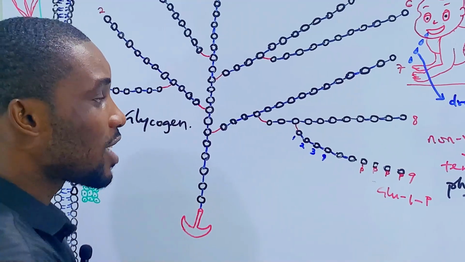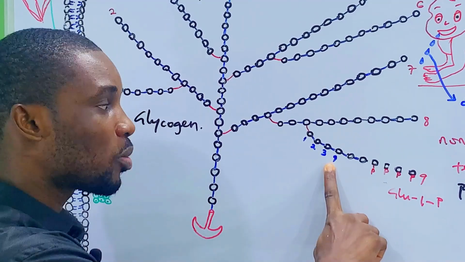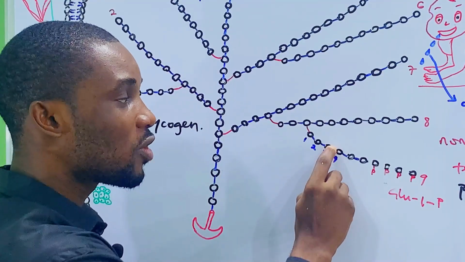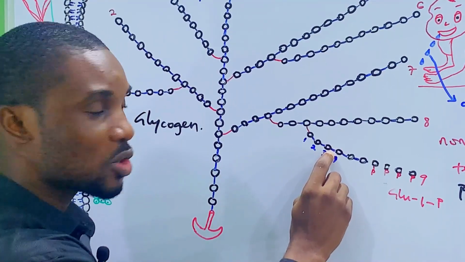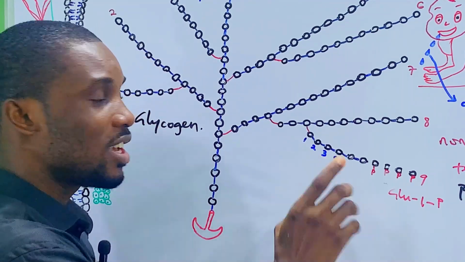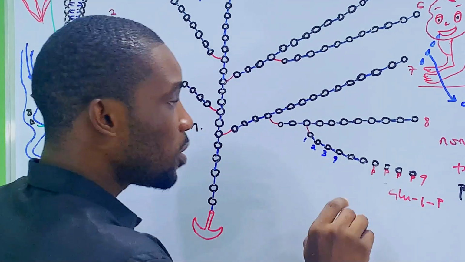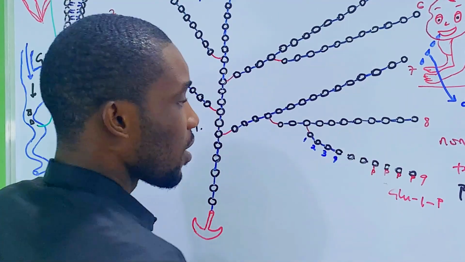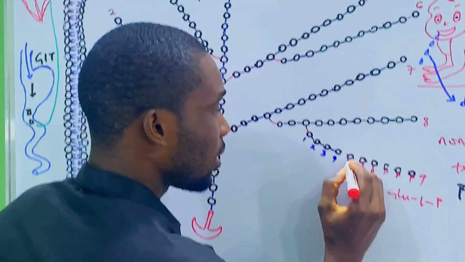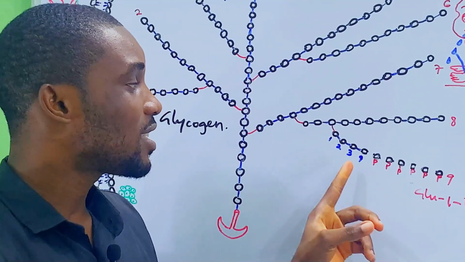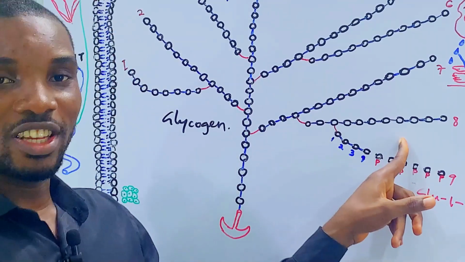What this means is that beyond the 4th glucose molecules, that's towards the branching point, the saliva or the phosphate cannot break this bond. Okay, so between glucose 3 and 4 from the branching point, the bond is strong. So baby GP breaks all other bonds except that bond. And once he's done with this chain over here, since he cannot go beyond that, he goes to the next chain, right?